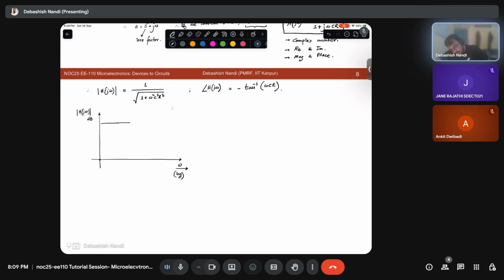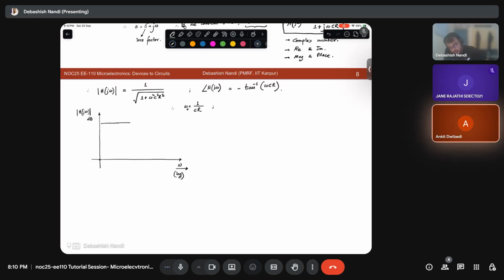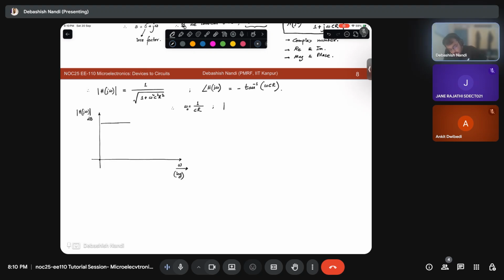And then what is it at omega equal to 1 by CR? Let's call it omega 0. One by root two. So mod of H of j omega is equal to 1 by root 2.